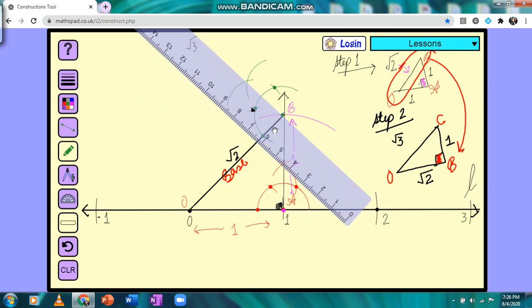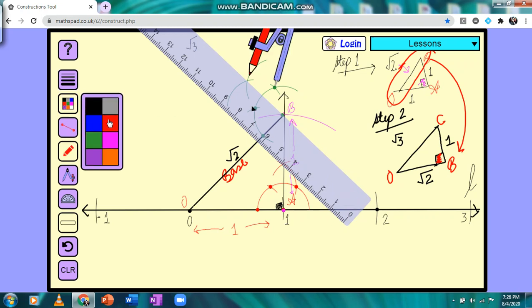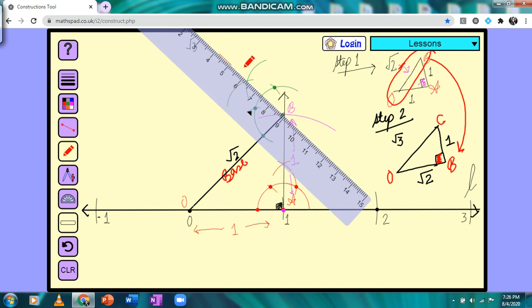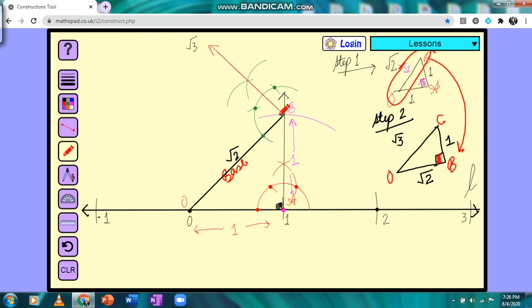Do it very carefully. This is the perpendicular at B. So this angle here is now 90 degrees.